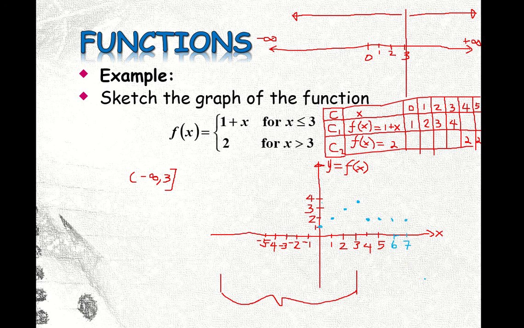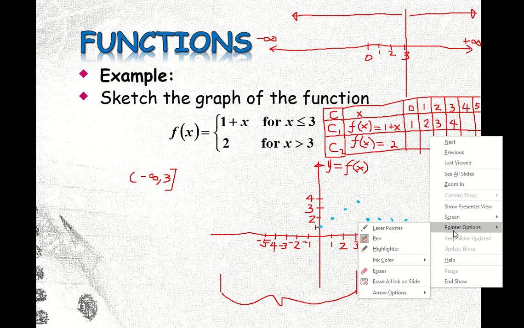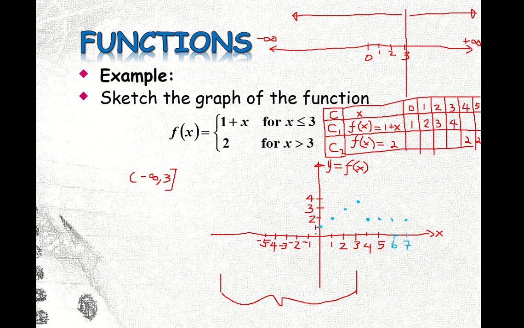Now if you are going to connect the points, by the way, for example, if you assume a value of negative 1, when x equals minus 1, 1 plus minus 1 is 0, so f of x is 0.